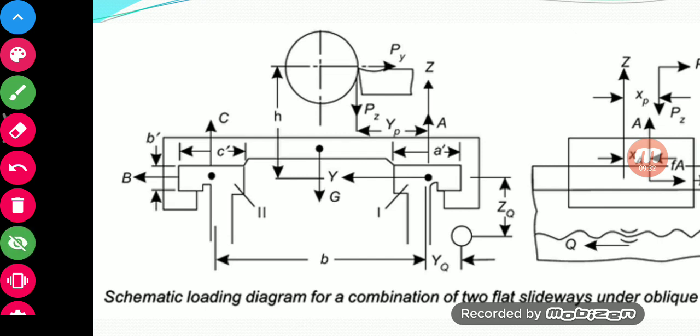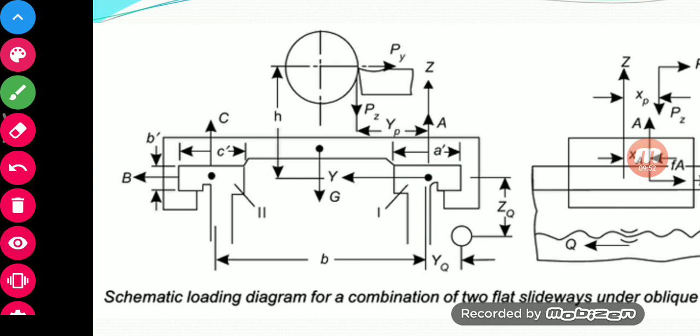So please note here there is a change in the origin. In the earlier diagram this was considered to be the origin, but you can take moments about any point in the system. And if it is in equilibrium, those moments should be 0. So now we are taking moments about this point.